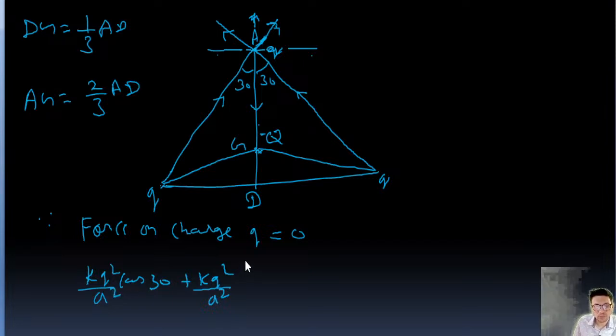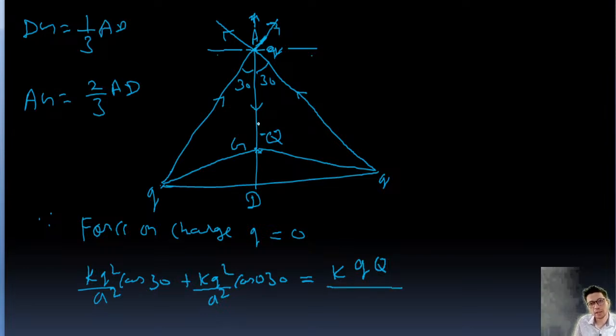K equals 1 upon 4 pi epsilon 0. So K Q square upon A square cos 30 is the force between this. And the force between this is going to be K Q times minus Q. We'll just take the magnitude. So this is going to be the distance between this.